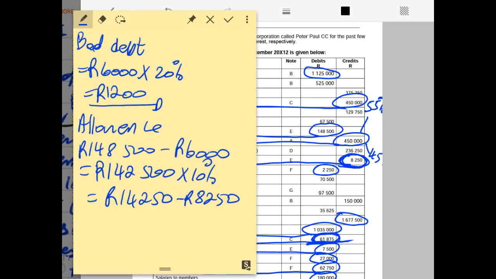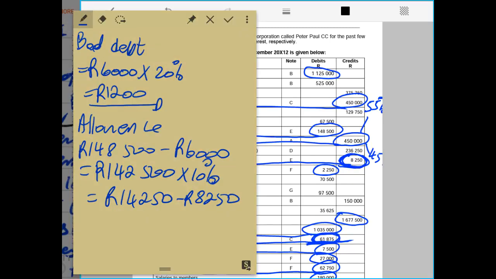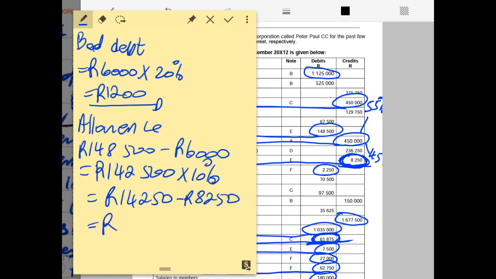So the new and correct allowance is 14,250. That means our allowance has increased from 8,250 by the difference to 14,250. We strike the difference, we check, and we find that it is a difference of 6,000 rands.